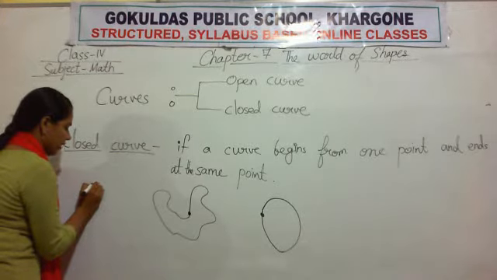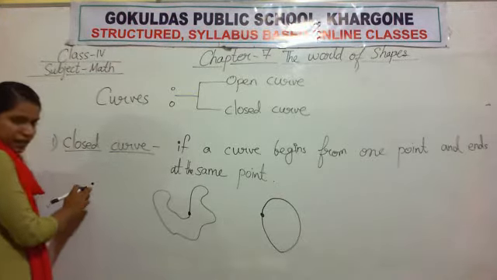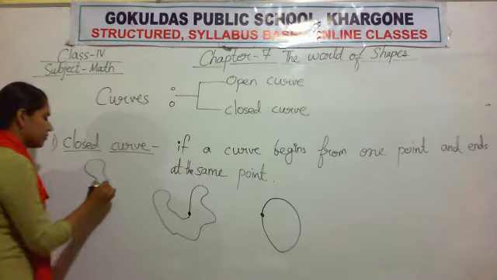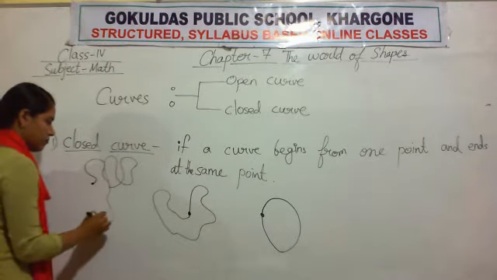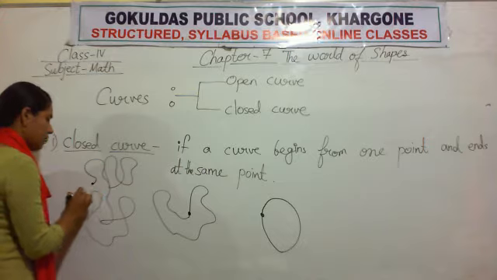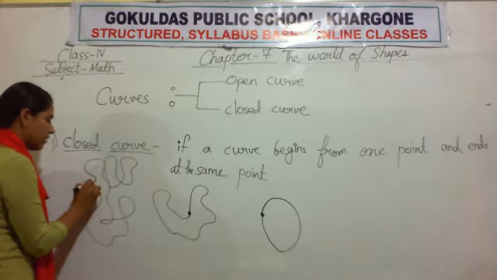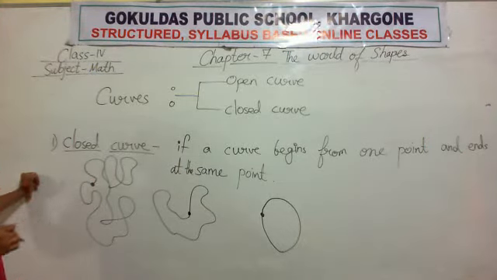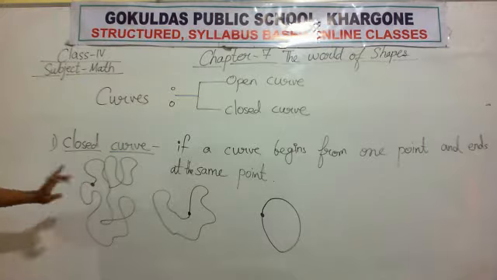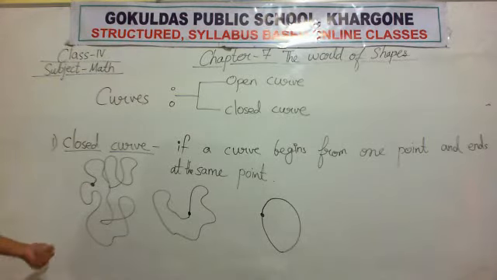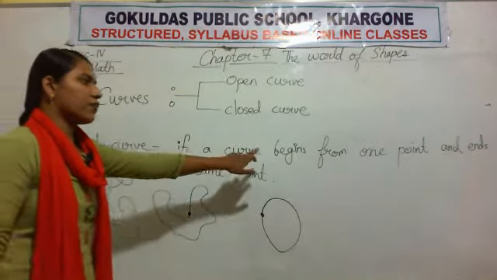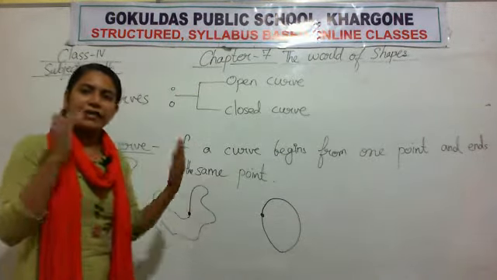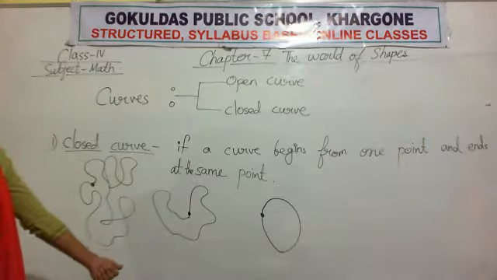If I draw a curve like this, suppose it is my starting point. From here I am starting, and my ending point is again the same starting point. So my starting and ending point is the same, so it is known as closed curve. If a curve begins from one point and ends at the same point, it is known as closed curve.